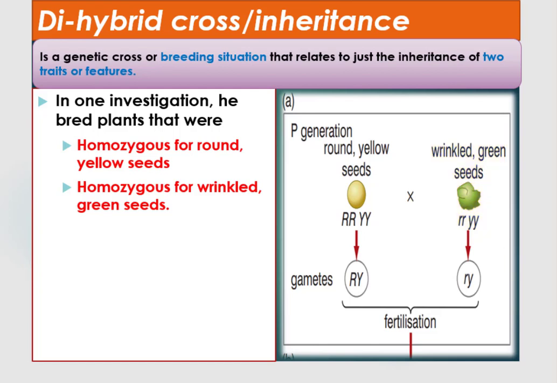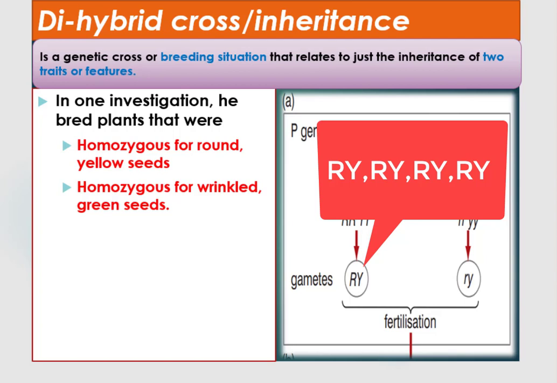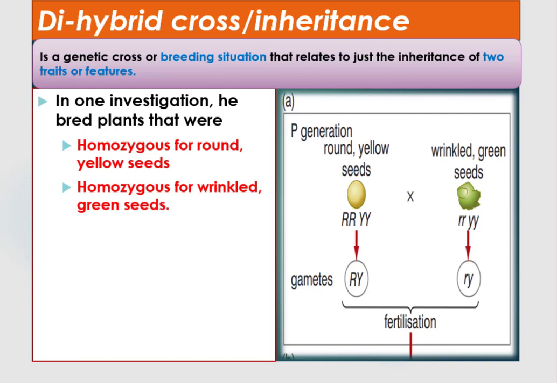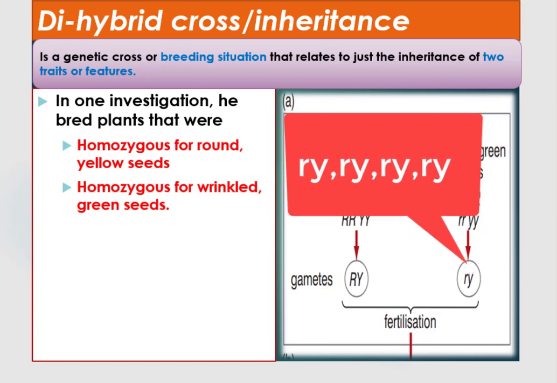In this cross-pollination, the gametes for round and yellow-seeded pea plants are all capital R, capital Y. For wrinkled and green-seeded pea plants, the gametes are all small r, small y.